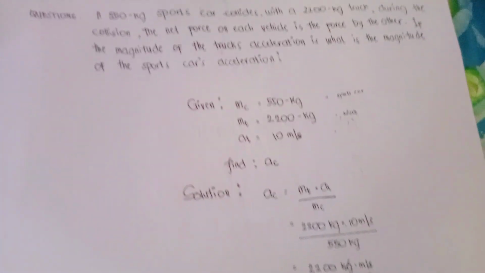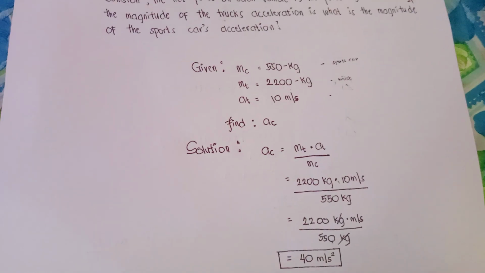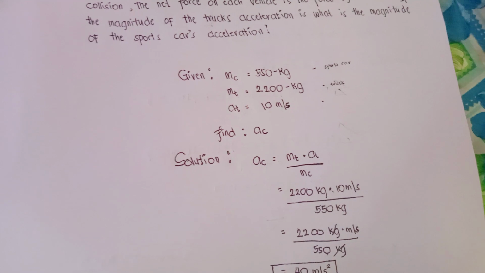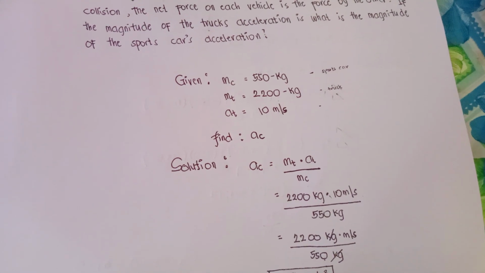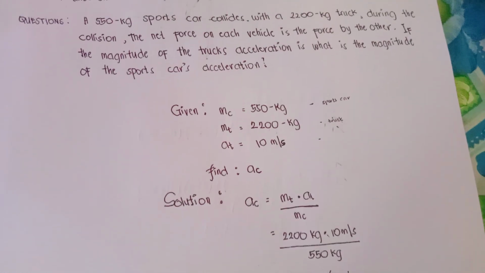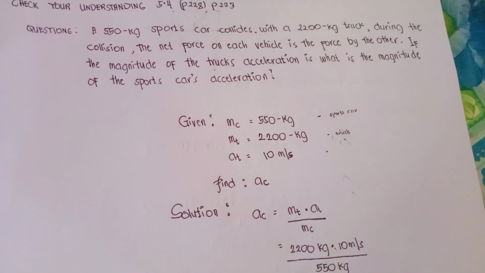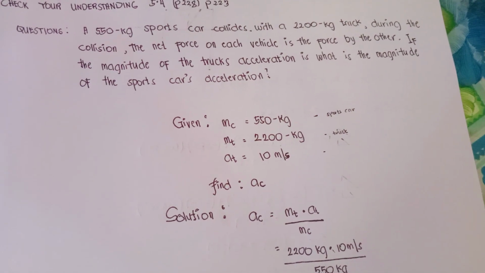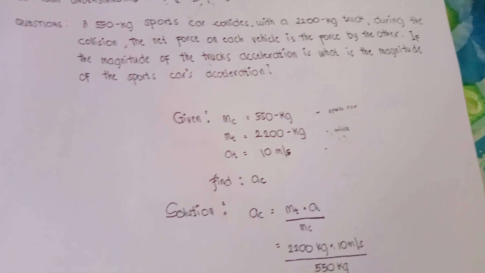Given: MC equals 550 kg, MT equals 2,200 kg, and AT equals 10 meters per second squared. The 550 kg is the sports car, and the 2,200 kg is the truck.